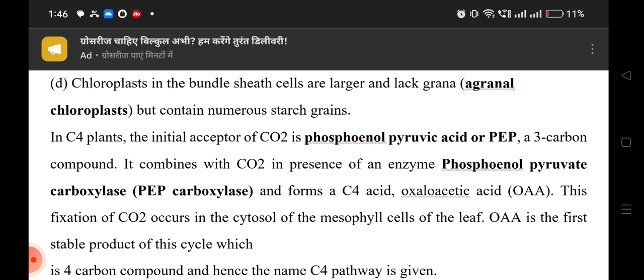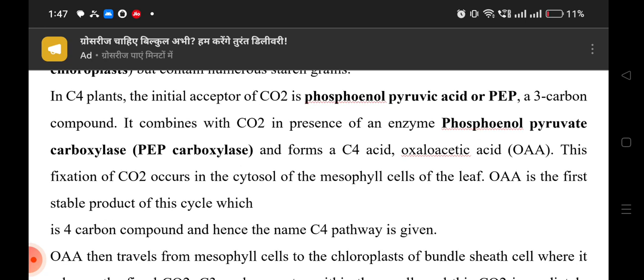CO2 has 1 carbon, PEP has 3 carbon, 1 plus 3 equals 4. So it forms a C4 acid called oxaloacetic acid under the influence of an enzyme called PEP carboxylase. In the C3 cycle there was Rubisco. Here it is PEP carboxylase.